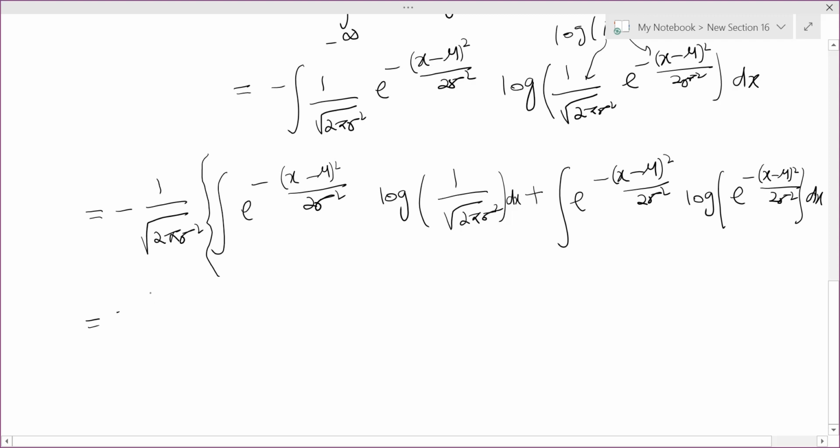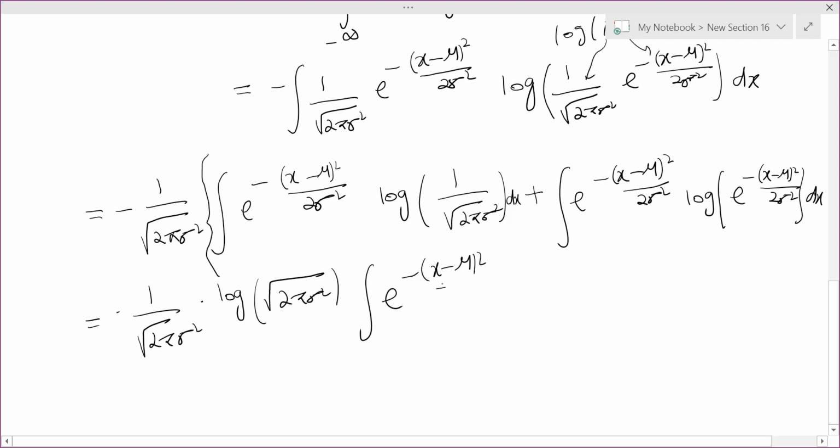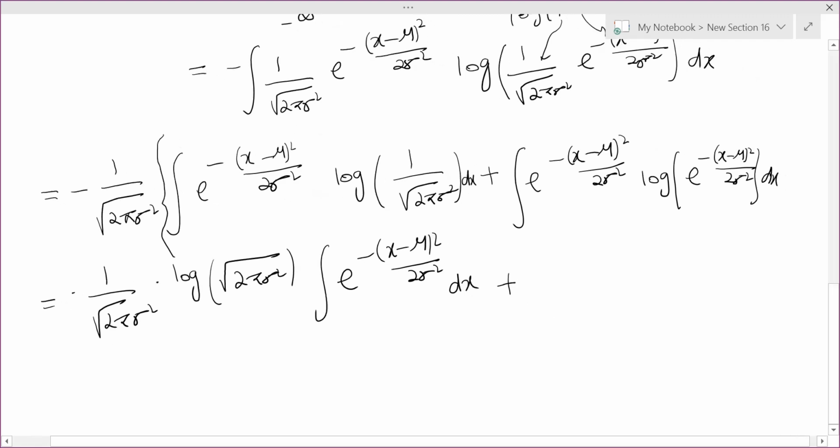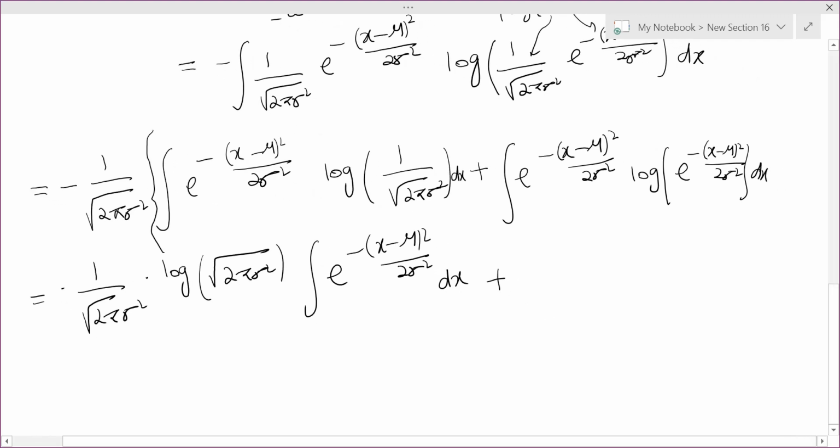So this will be minus minus plus, log of root 2 pi sigma square integral, and then e to the power minus x minus mu square divided by 2 sigma square dx. You have to be very careful in evaluating this. If you do it blindly, you will get stuck. There will be a lot of mess. I will just try to combine some terms in a way so that they become very well-known integrals.